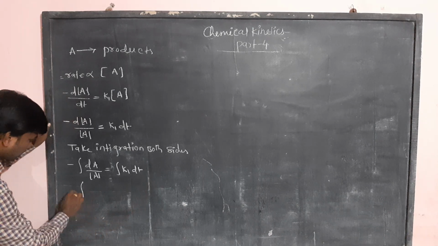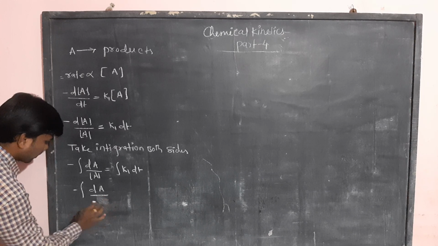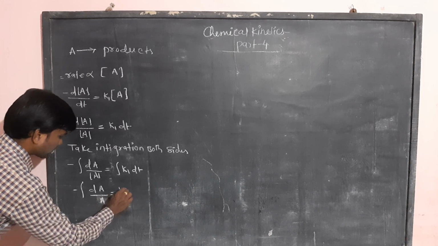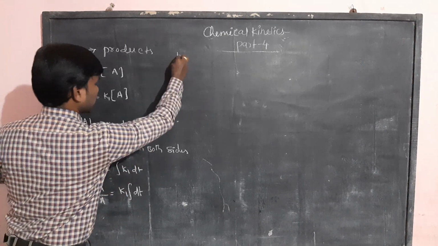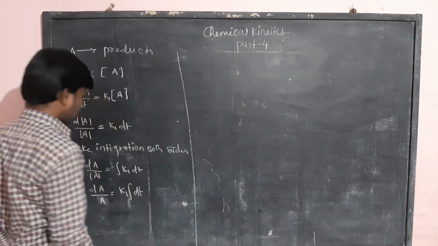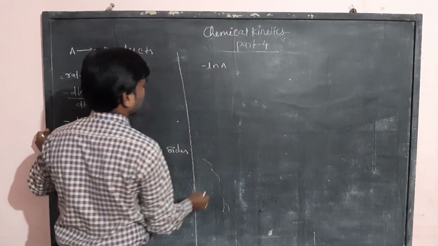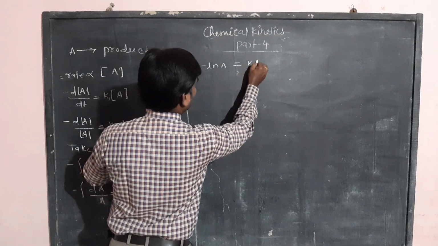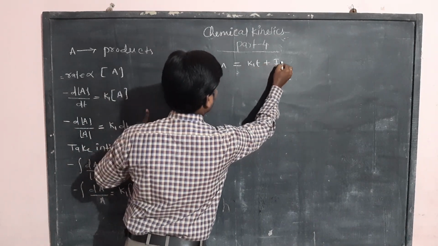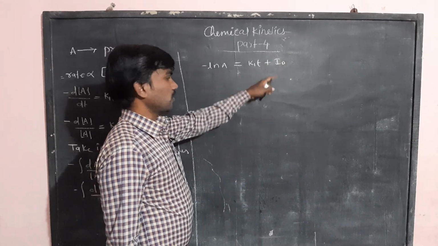Here integration of dA by A is equal to K1, which is constant, into integration of dt. So integration of dA by A means ln A is equal to K1 into t plus I naught. So ln A is equal to K1t plus I naught.